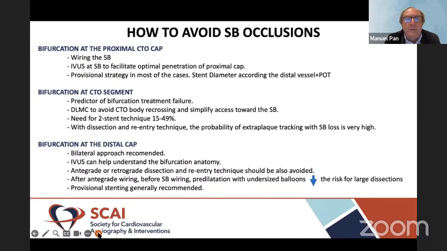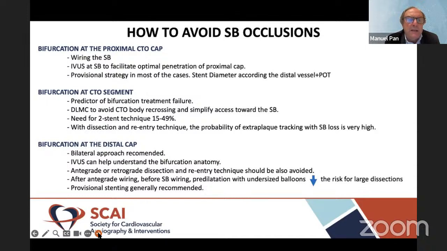The need for two stents is relatively high, between 15 and 49% of the cases, and the use of dissection and re-entry technique induces sometimes or most of the time the loss of the side branch. So this technique should be avoided in bifurcation located at the body.